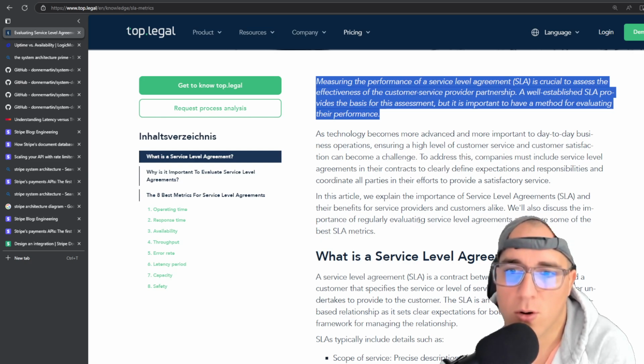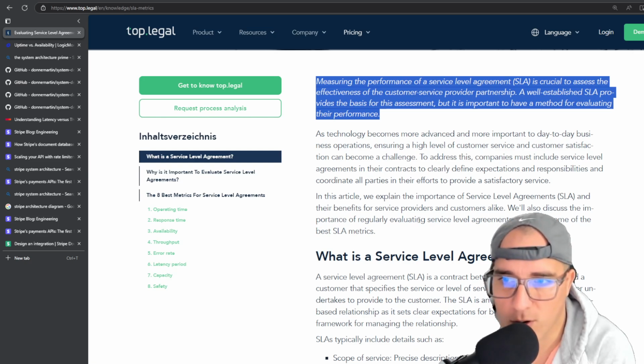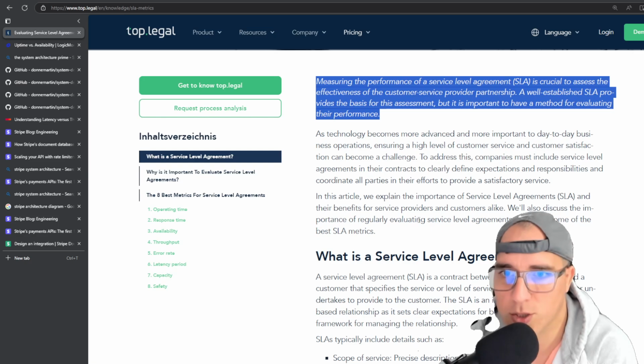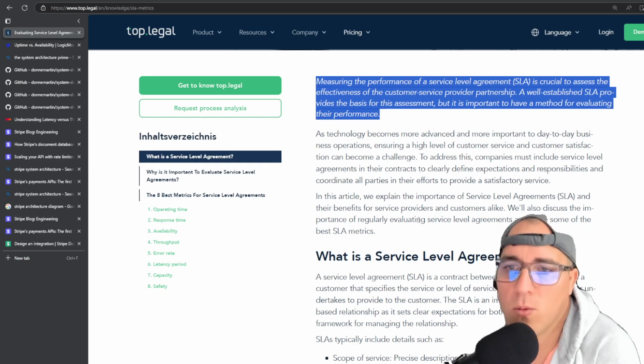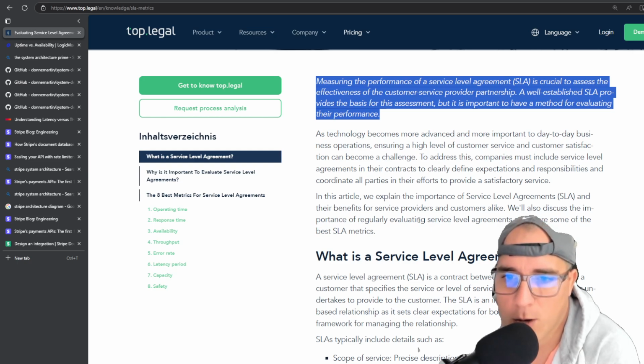And I think this is one of the reasons every one of us software engineers should research this, to understand how these specific downtime or uptime metrics can impact your business.